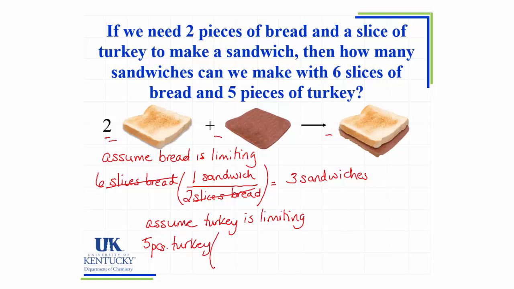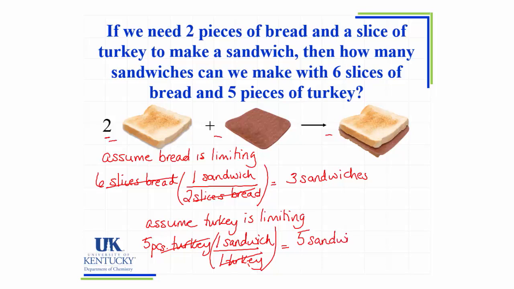Again, I go to my balanced equation here to determine the ratio between turkey and sandwiches, and see that I need 1 piece of turkey for every 1 sandwich. Again, I see that turkey cancels with turkey. When I do the math, I see that I get 5 sandwiches.